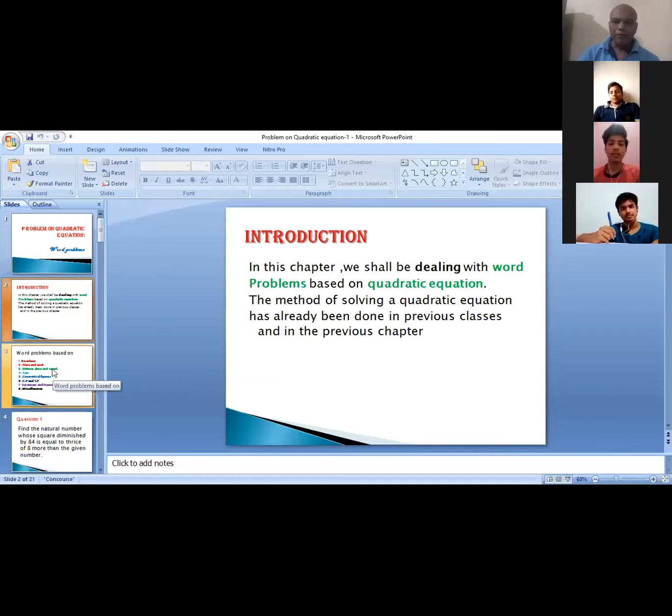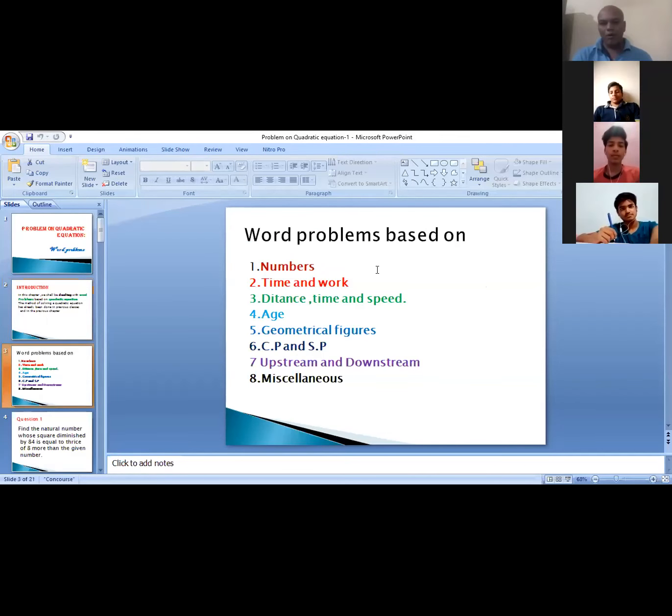In this chapter, the problems will be based on numbers, time and speed, distance, age, geometrical figures like rectangles and squares. Questions based on CP and SP, questions based on upstream and downstream, and many miscellaneous questions are there.